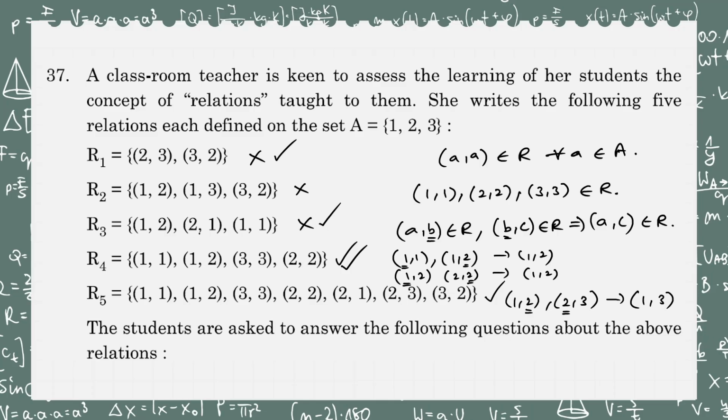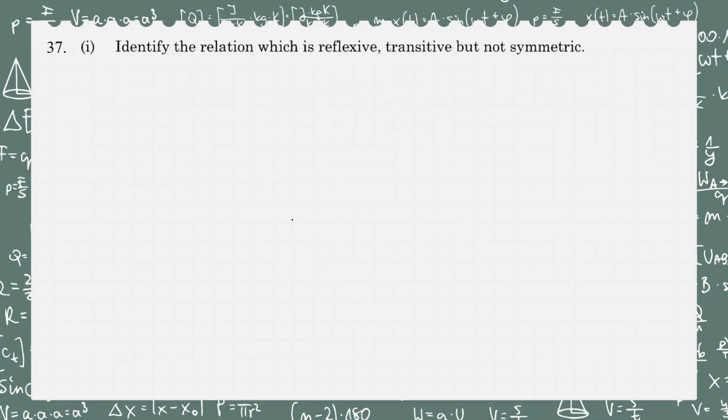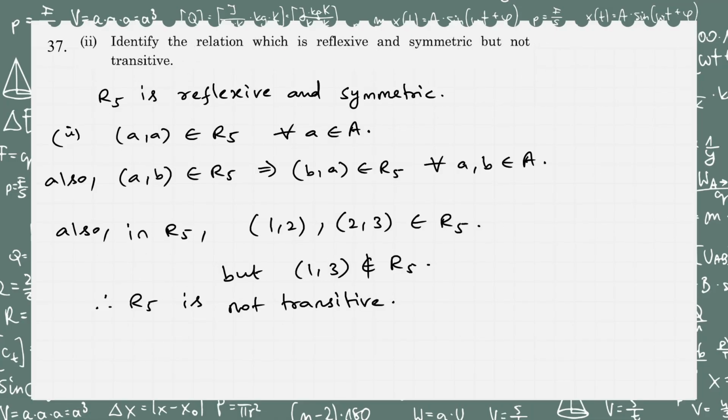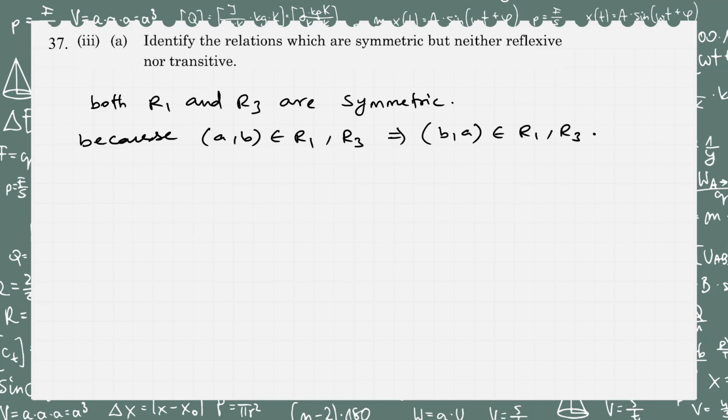And transitivity is not there because 2, 1, 1, 2 is there, but 2, 2 is not there. So we cannot say R3 is transitive. So let's see how we can conclude. Symmetric we have given explanation, but reflexive and transitive, why it is not obeyed, we have to give the reason there.